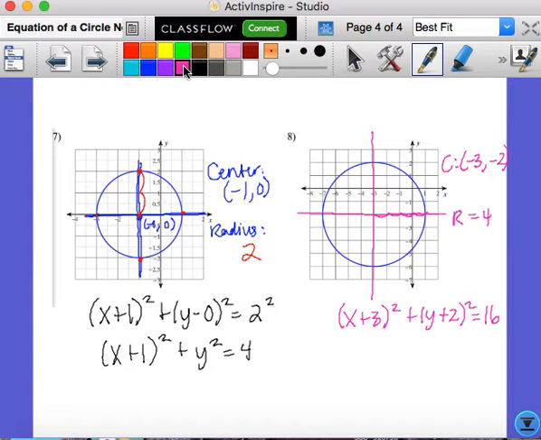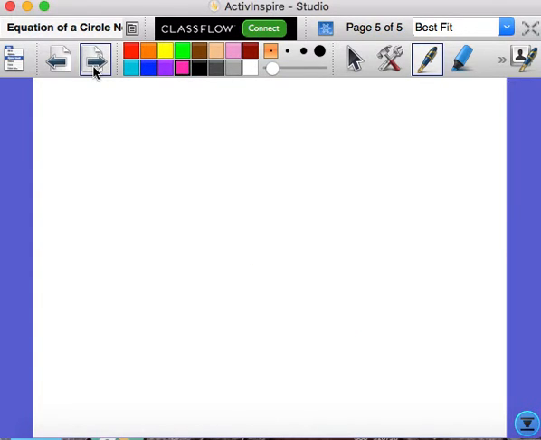Now, in your homework or the practice that you're going to have, they're going to ask you to graph something yourself. So let's say you had the following. You have (x + 2)² + (y - 5)² = 16. What we want to do is identify where is the center and what is the radius.